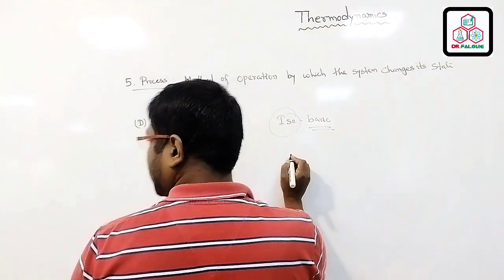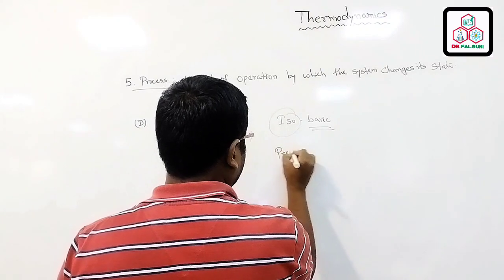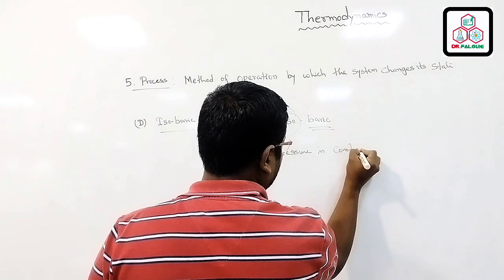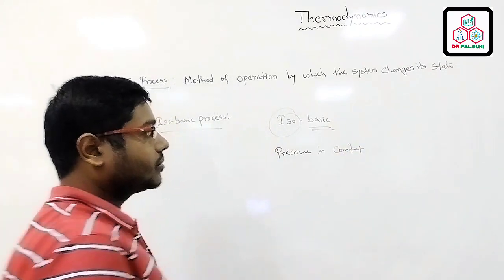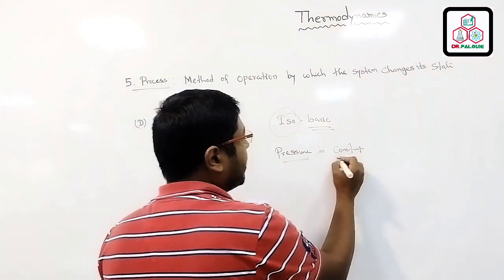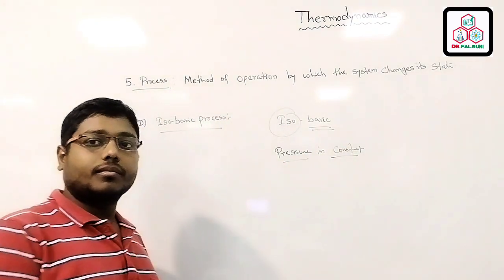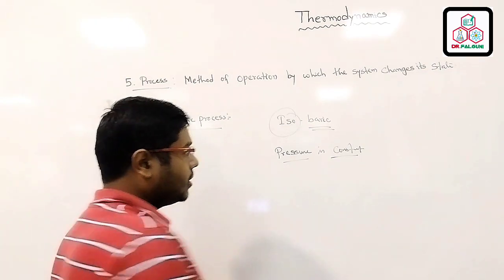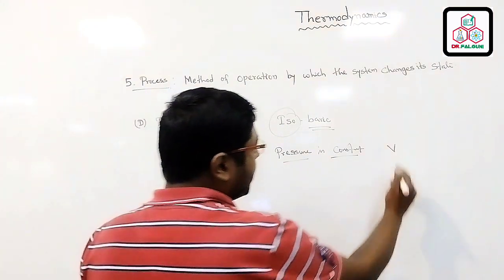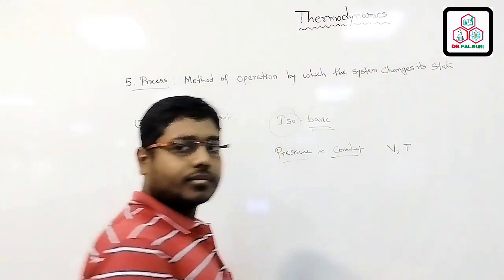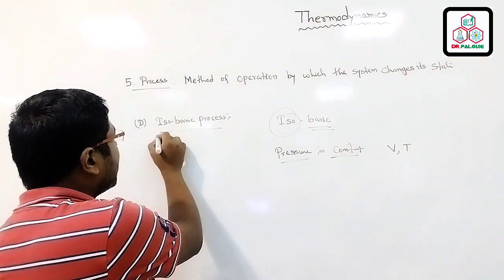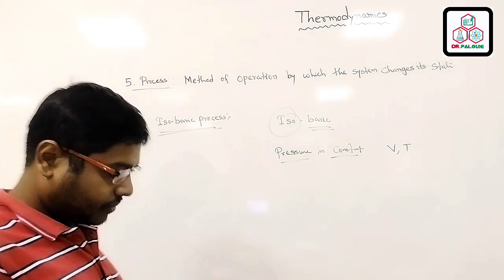That means such a process where pressure is constant. Okay. Volume can be changed. Maybe temperature can be changed, but pressure is constant. That is called isobaric process.